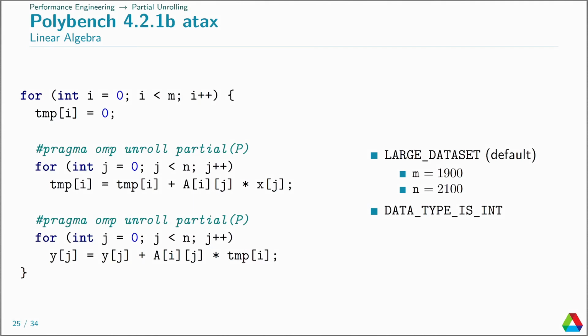For testing partial unrolling, we use a different program, which is atax, a typical linear algebra kernel from the Polybench benchmark. There's an outer loop which we do not touch, but 2 inner loops which we want to unroll by the common factor, which we specified via a template parameter, as we have shown with Google Benchmark before.